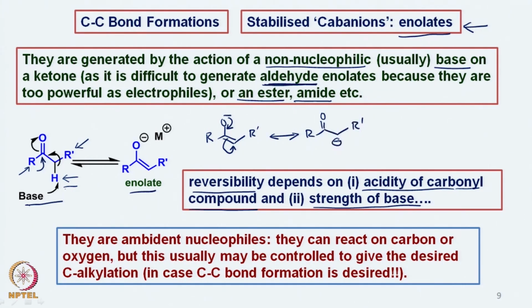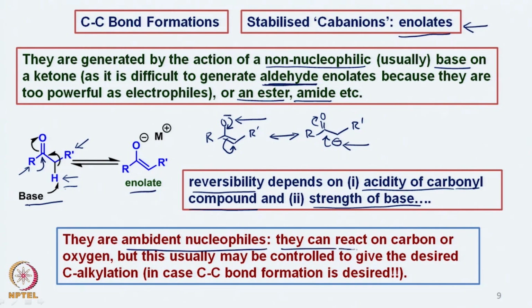So obviously we can go back here and we can generate the enolate. It is like a resonance structure, and therefore we have a possibility of this being a nucleophile or this being a nucleophile. So it is an ambident nucleophile. These are all ambident nucleophiles.